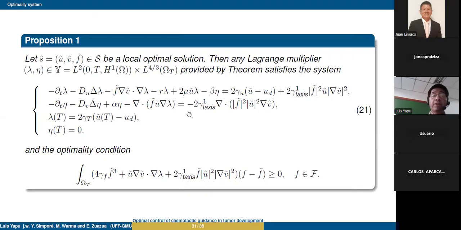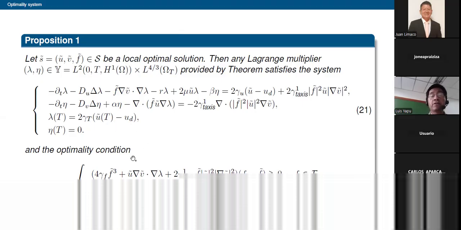The Lagrange multiplier psi is now lambda and eta, and verifies these equations. This final condition is there because in the cost functional we have a term testing also the final time.